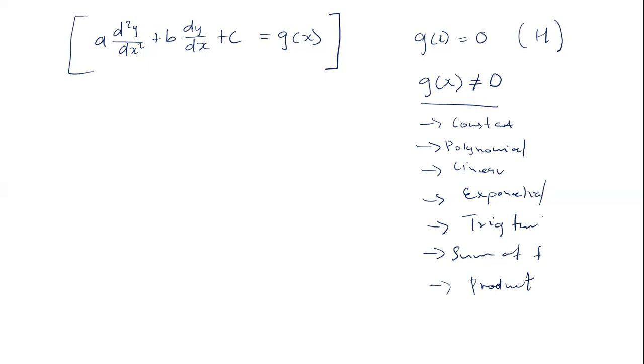So when g of x is not equal to 0 but is one of these functions that I have just mentioned, we are talking about a non-homogeneous second-order differential equation.